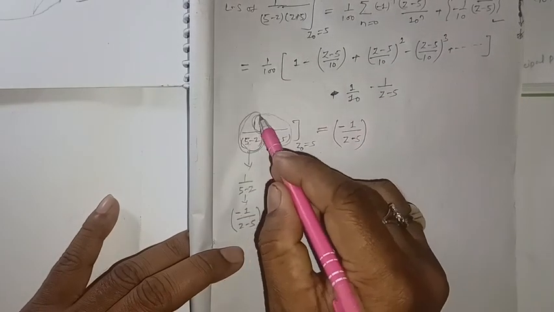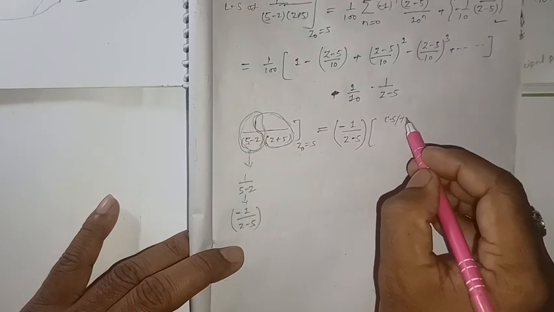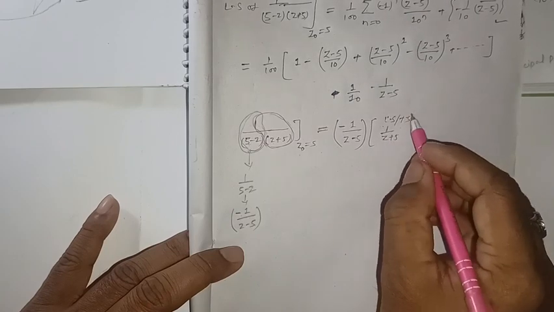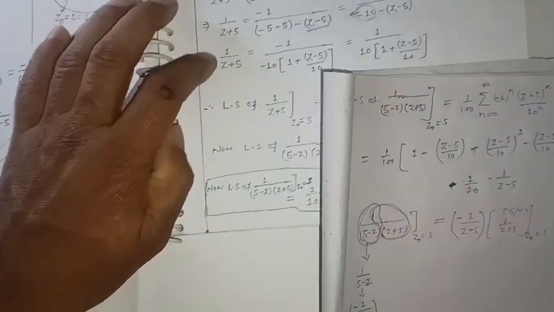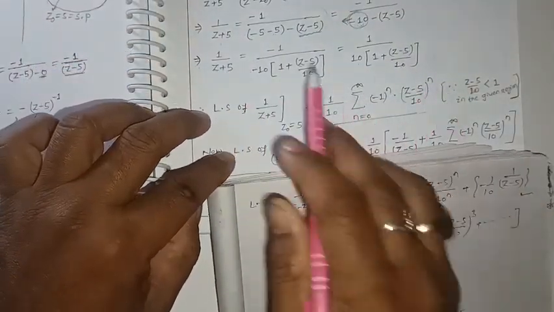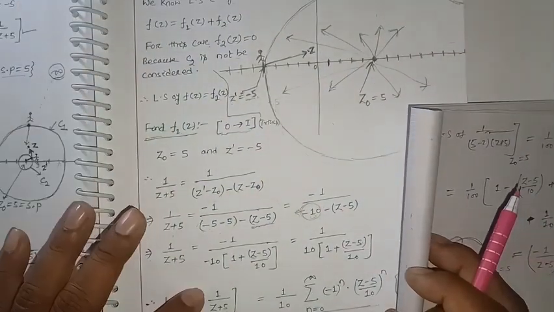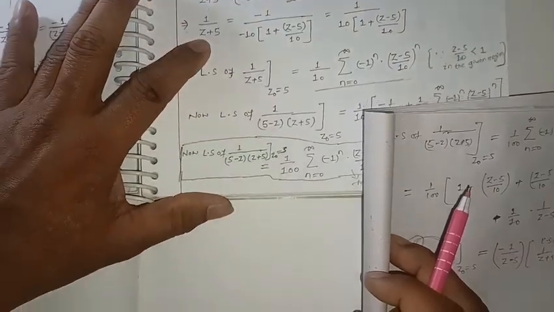Then we have to find out the Laurent series, or the so-called Taylor series, of 1 by z plus 5 about z0 equal to 5. We have already determined it here. We found it in detail, and you also have to follow this procedure to find the Taylor series of 1 by z plus 5.